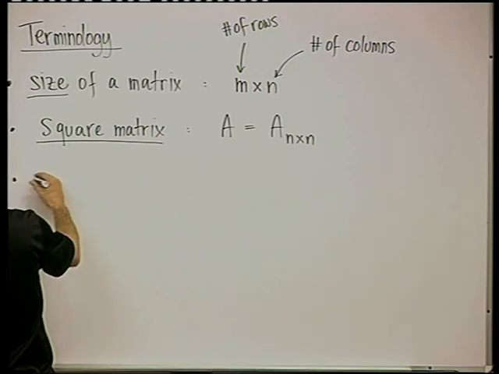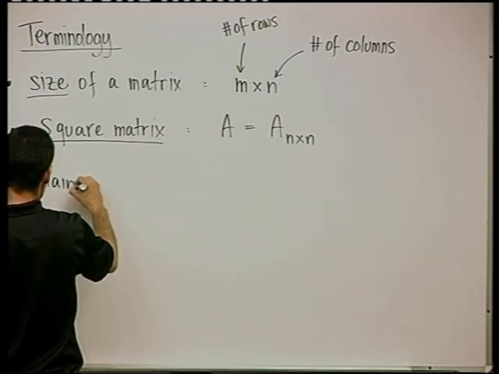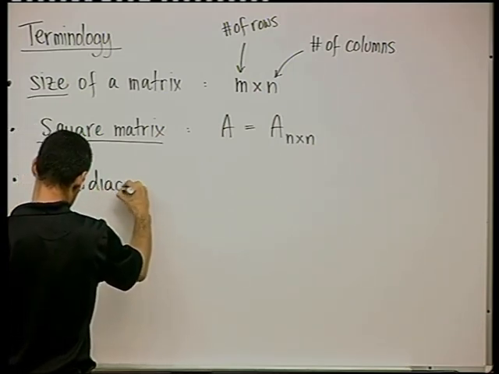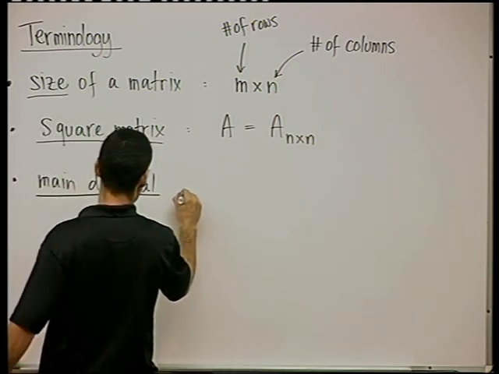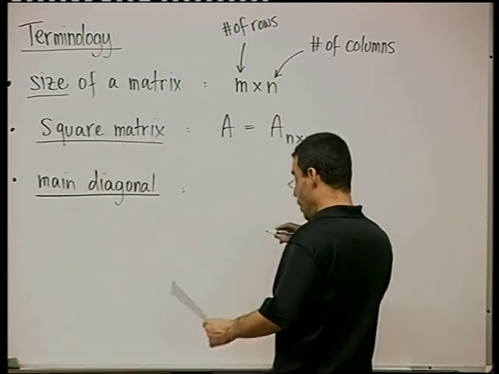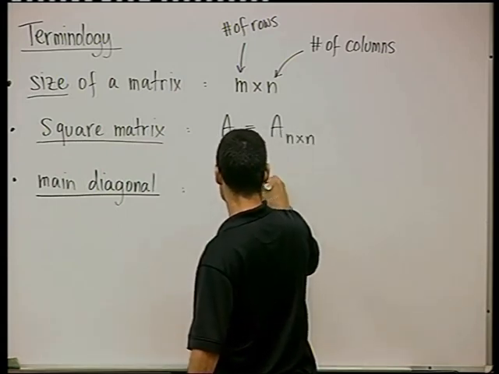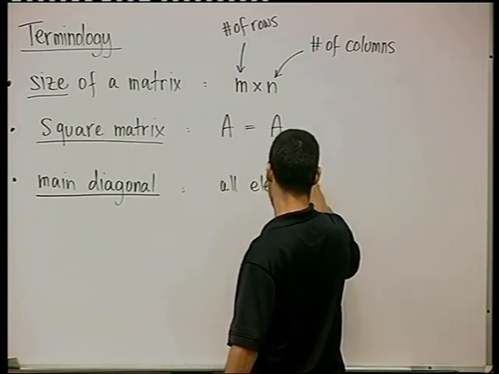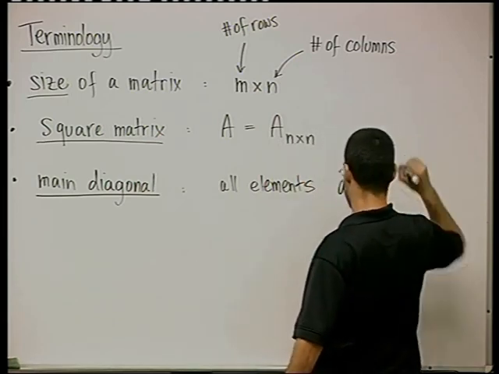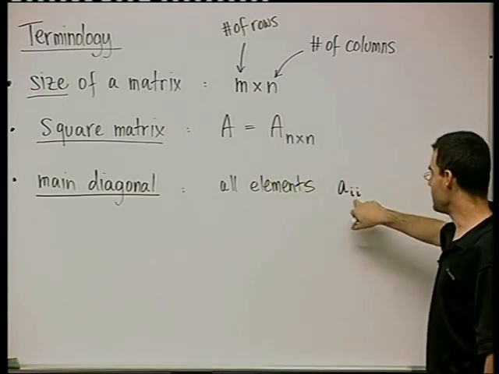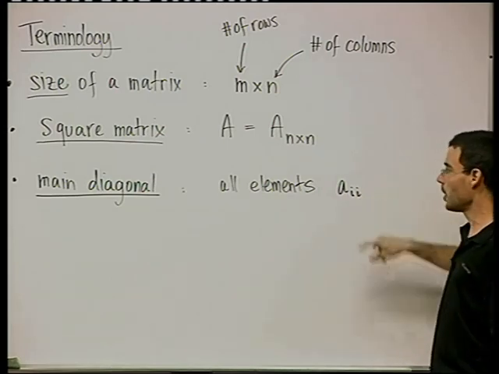The main diagonal of a matrix is all the elements of the form aii, where the row index and the column index are the same.